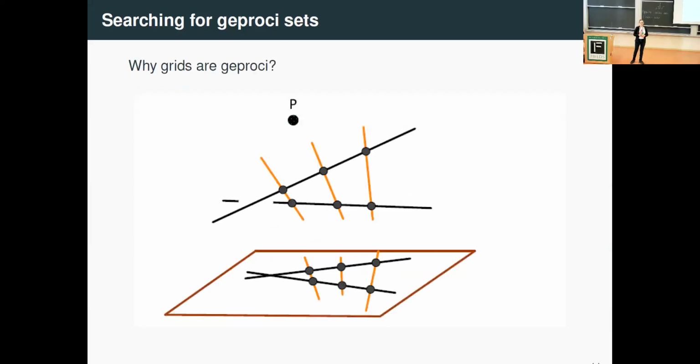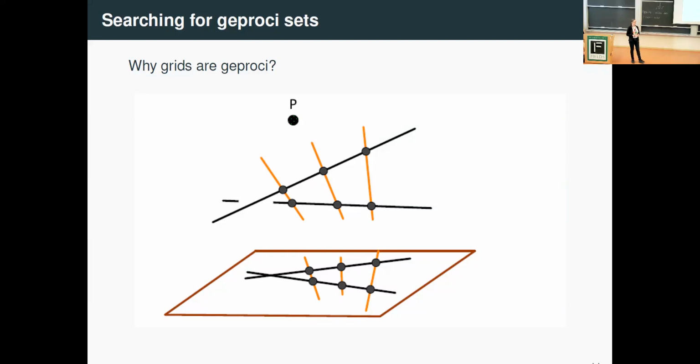And why are grids Geproci sets? Let us see on the example. We have this grid in the space, and if we project from a general point in space to a general hyperplane, then the black lines are projected to black lines, and the orange lines are projected to orange lines.